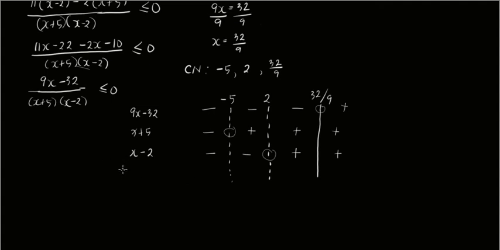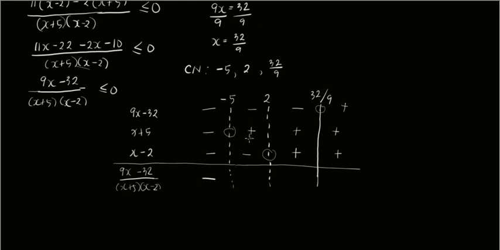Let's write the expression here. 9x minus 32 over x plus 5 over x minus 2. Lagyan din ng go ahead para alam natin na yun yung final natin titingnan. So, this is positive. So, negative divided by positive, it's negative.